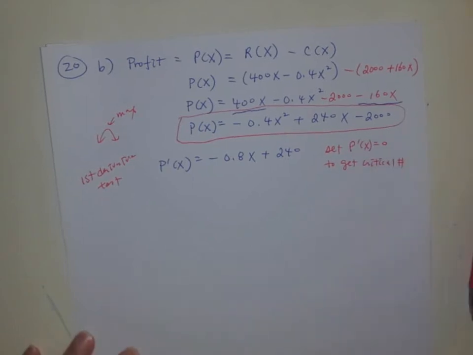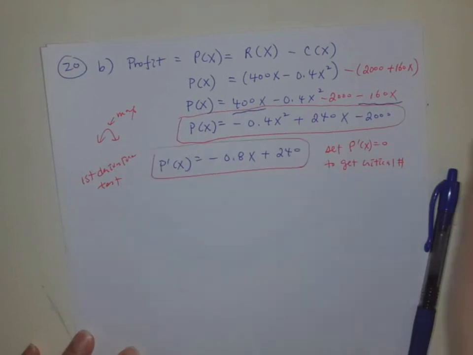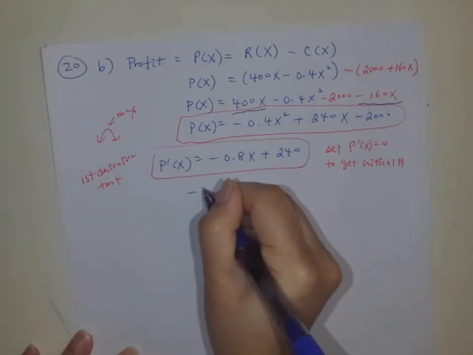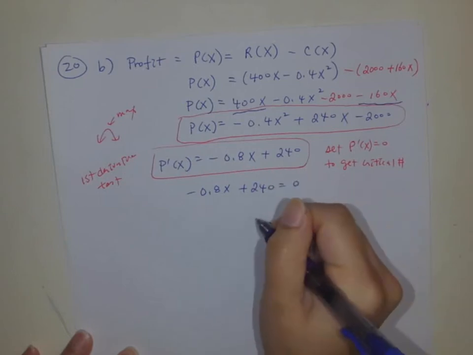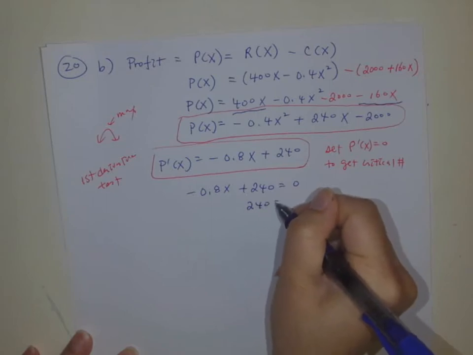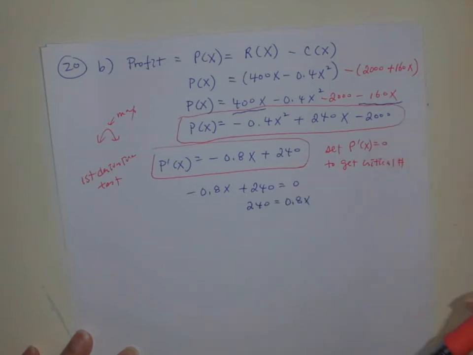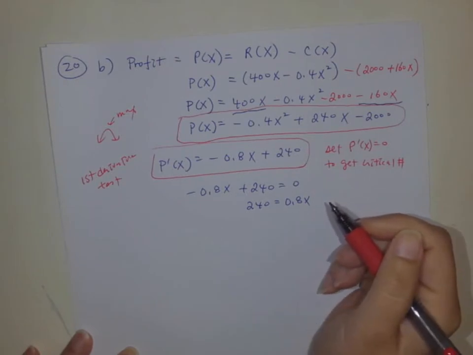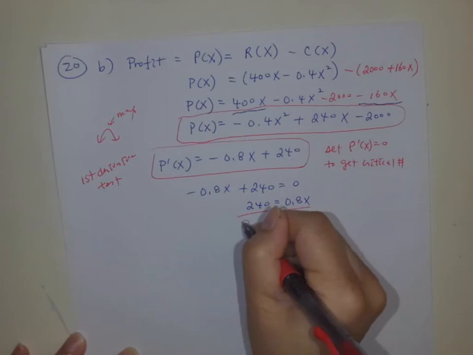So negative 0.8x plus 240 equals 0, and I can move the negative 0.8x to the other side, it becomes positive 0.8x, right? And divide both sides by 0.8.